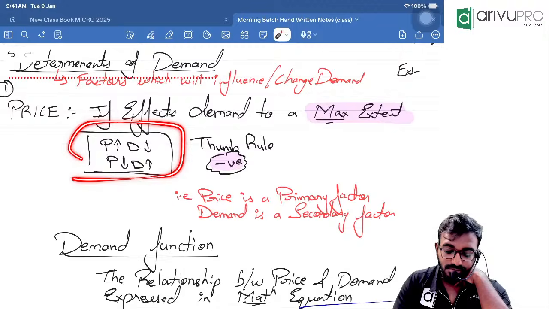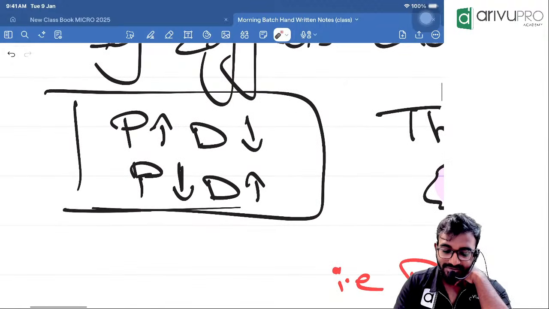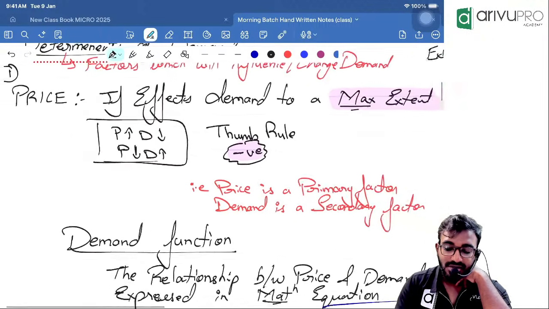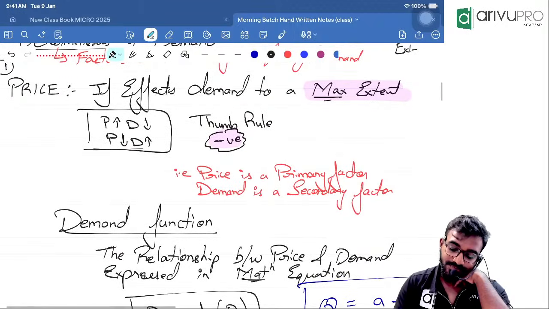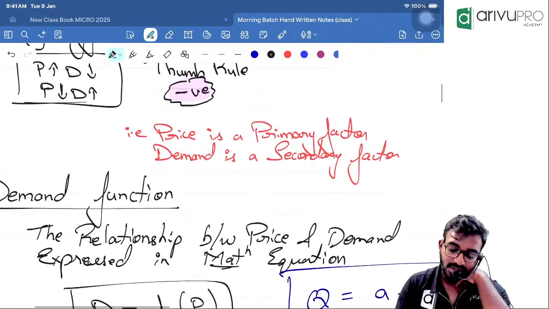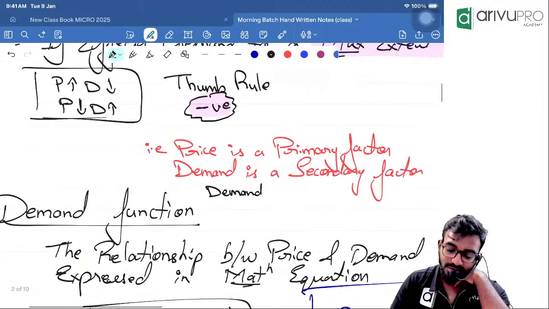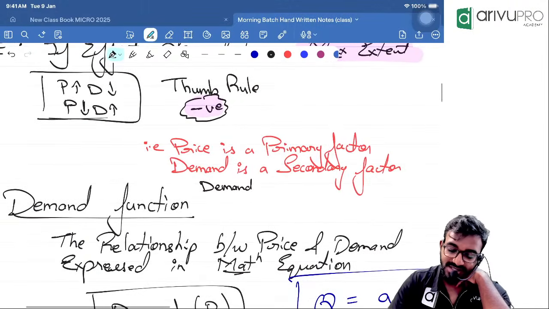Write this thumb rule. So what is the main thumb rule? Whenever price increases, demand will decrease. Whenever price decreases, demand will increase. That is the main thumb rule. And below that, write down: price is a primary factor, demand is a secondary factor.